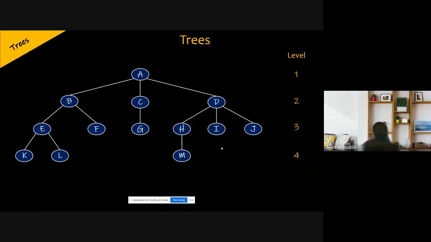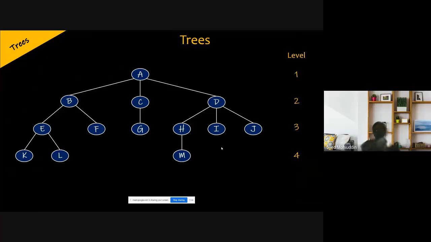So the relationship is sequential, or what we say linear, in terms of the elements. So there is a before and after relationship. That is why stacks and queues are known as linear data structures.